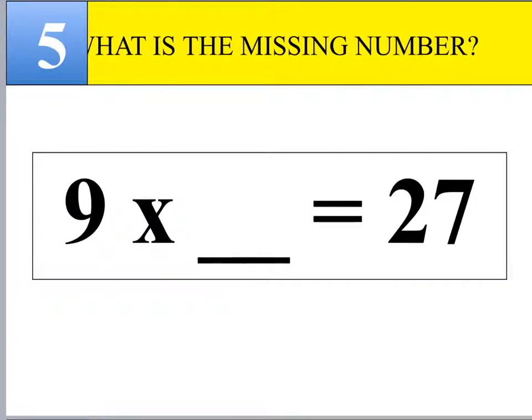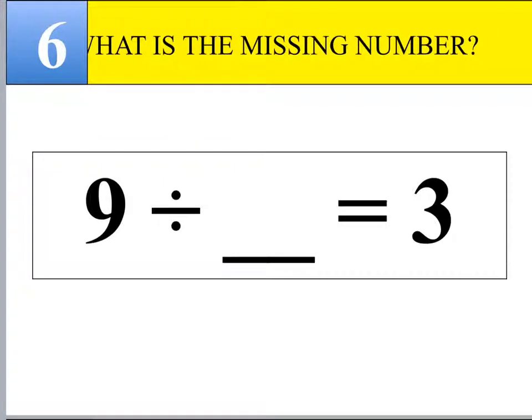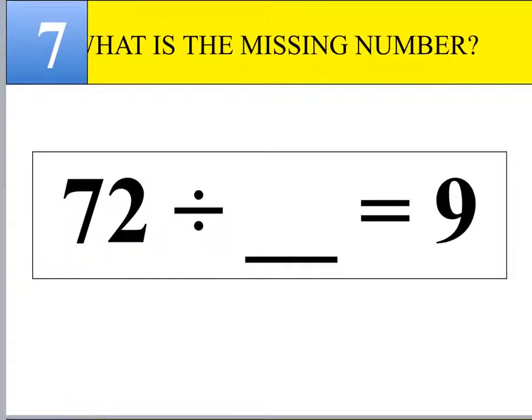9 times what equals 27? 9 divided by what equals 3? 72 divided by what equals 9? Use a triangle.